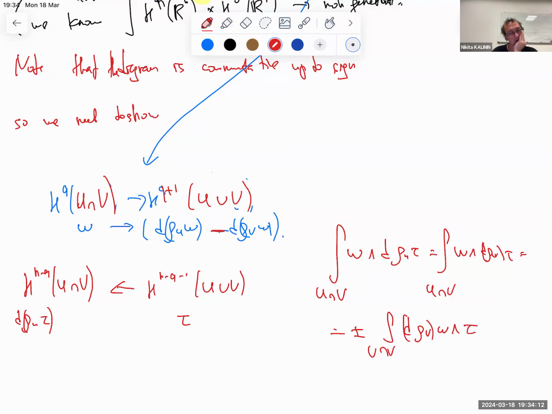Okay, that's what I want, right? And so here I want also to use the fact that d rho u tau equals d rho u tau. That's because tau is exact.